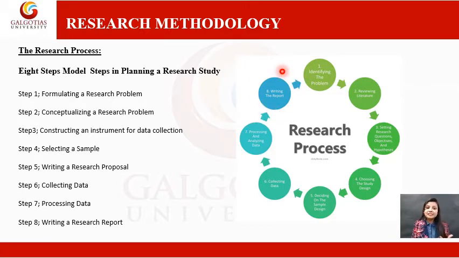The 8-step model is also written here: formulating a research problem, conceptualization, constructing, selecting a sample, writing a research process, collecting data, processing data, and writing a research report. We will further discuss the steps taken under all these steps.